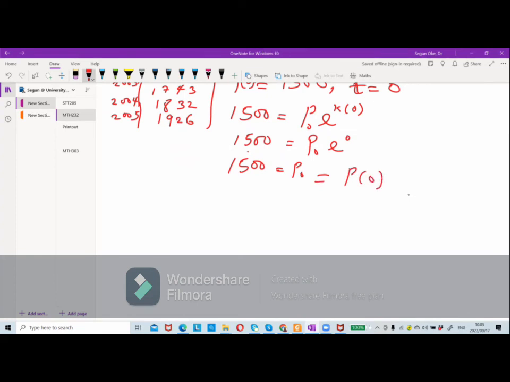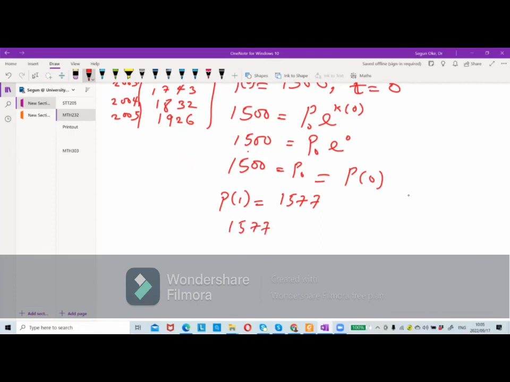So now that we have this, if you check the first year, what do you have? If I check the first year, I will have P of 1, which will be 1,577. So I have 1,577 equals P naught, which is 1,500, exponential of k of 1.